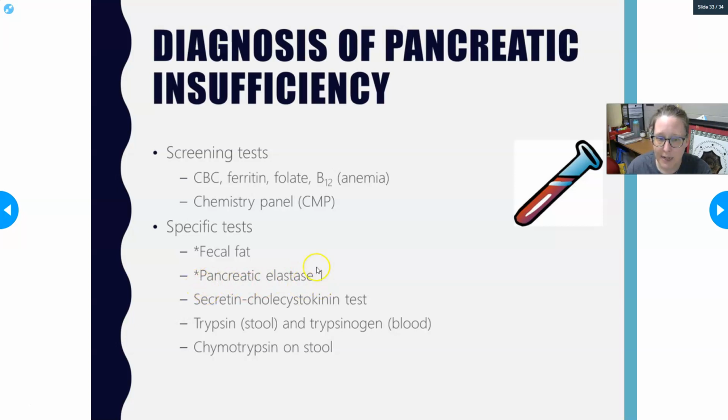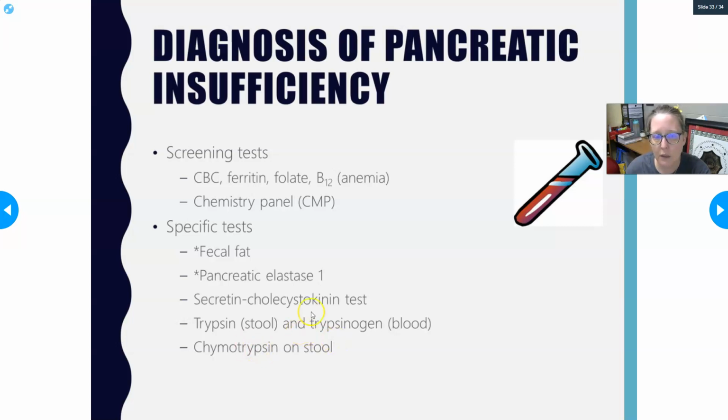Look for pancreatic elastase. These are the two most commonly done. You can also do the secretin cholecystokinin test. Look for trypsin in stool and trypsinogen in blood, and chymotrypsin in stool. So again, these are enzymes that would break down proteins, and if they are not there, then there's an insufficiency.